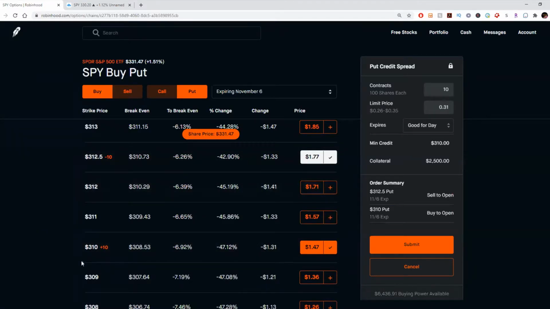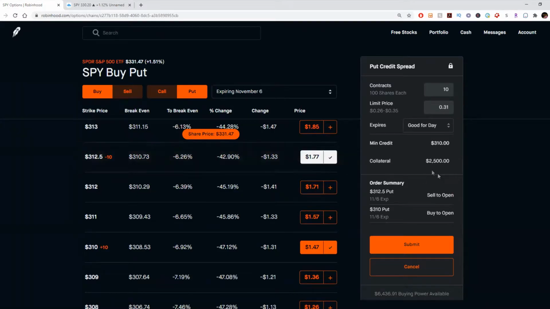So if it falls below 310, you would have to pay $250 per spread to close this, and that's the total collateral, because for 10 spreads, that's 250 times 10, which is $2,500, okay? If you don't have this kind of collateral sitting around in cash in your brokerage, you will not be able to trade 10 put credit spreads. Maybe you could do just one if you have $250, for example, and you'll only get a credit of $30 to $31, okay? That's exactly how put credit spreads work.